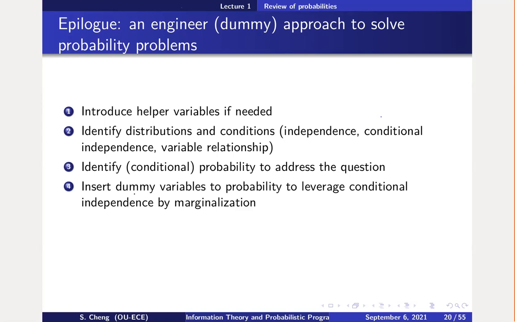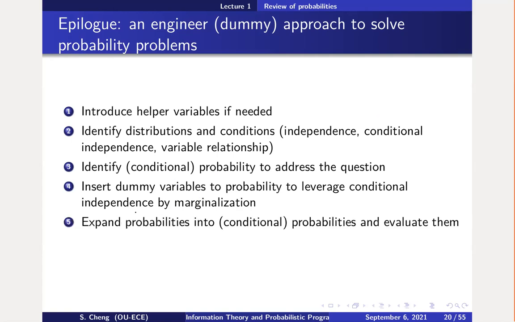So then I can insert some dummy variables. Basically, I'm trying to solve this conditional probability. I may not know that probability right away, but I can insert some dummy variables and then do marginalization. You will see why I want to do that. It will allow me to split this into pieces where I know the value from the problem setup.